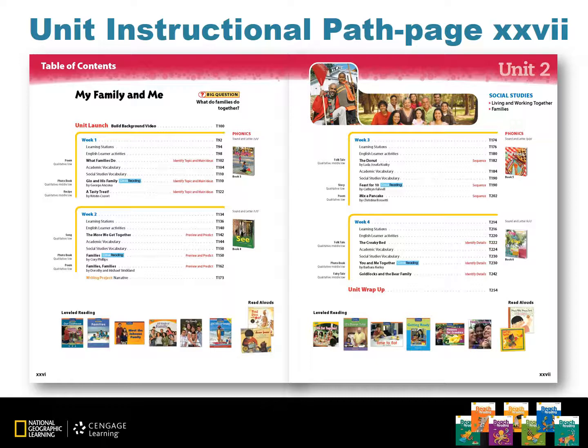These units incorporate academic and content vocabulary, subject-specific tasks, and suggestions for relating the themes to students' own experiences, cultures, and personal lives. The unit begins with a building background video and a big question.